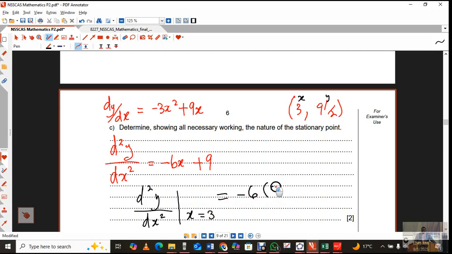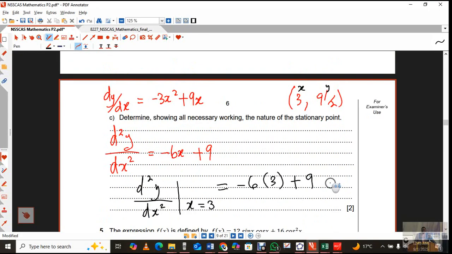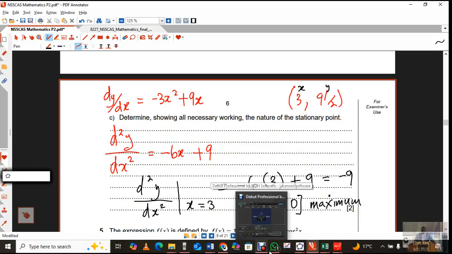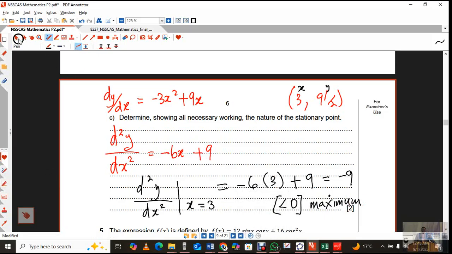It's negative 6 times 3 plus 9. When you do that, you get an answer of negative 9. Because the answer is less than 0, that tells you that the stationary point is a maximum point. Are we clear? Good. Let's save and go to the next question.